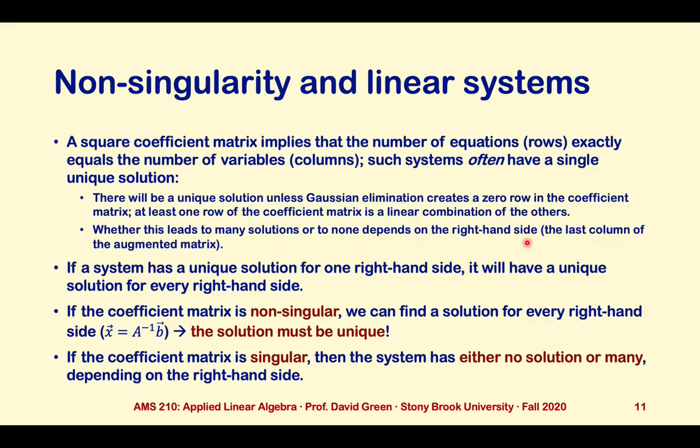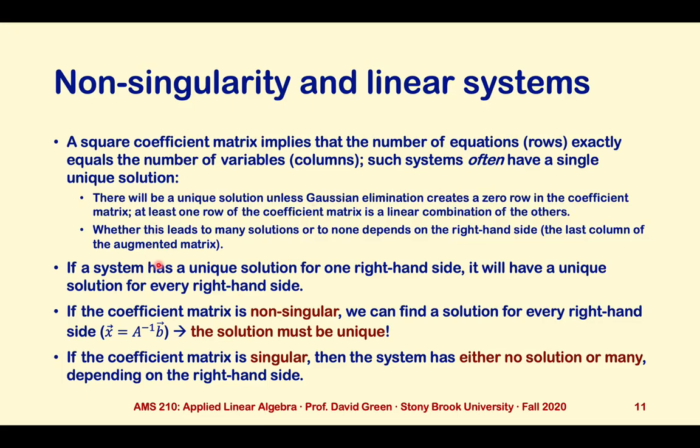If we have a zero row in the coefficient block and a zero, that is just a row with no information. And in the case of a square matrix, if we have a zero row, we must also have a free variable, and so multiple solutions. So if we get a zero row in the coefficient block, we will either have many solutions or no solution, depending on the right-hand side.